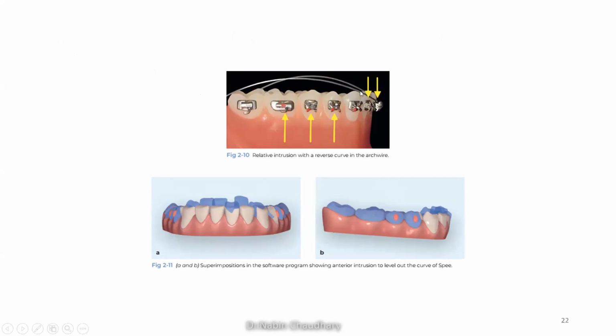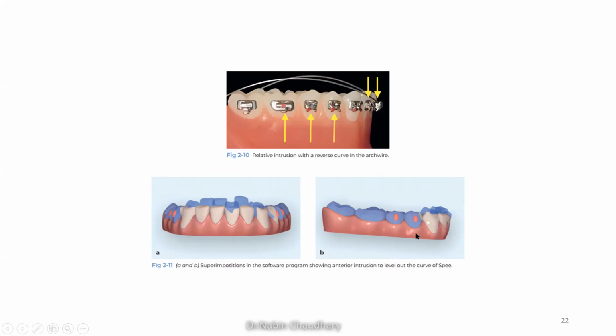However, when the reverse curve is placed, we don't want the mandibular arch to take the shape of the reverse curve. So we place this reverse curve archwire until the level of the arch is flat. The case is similar in the Invisalign system.